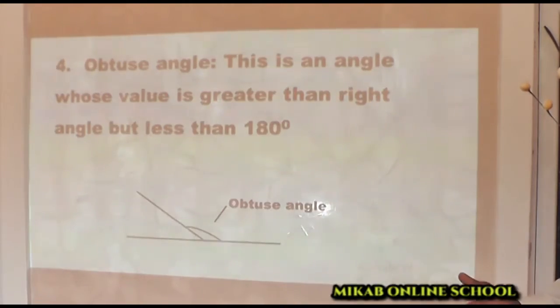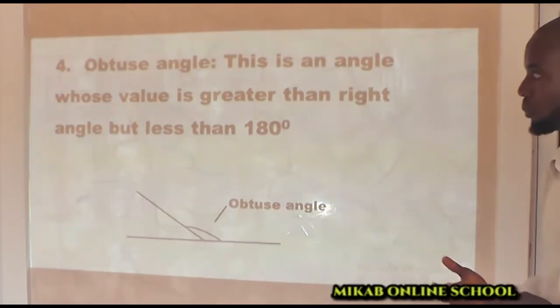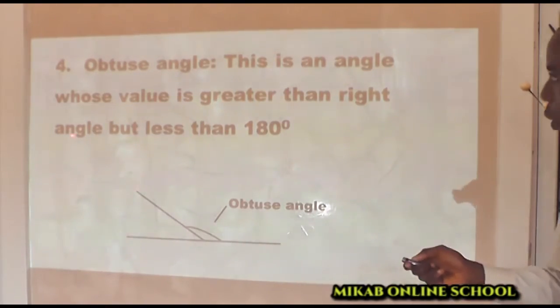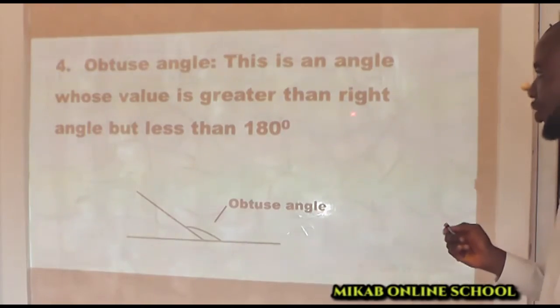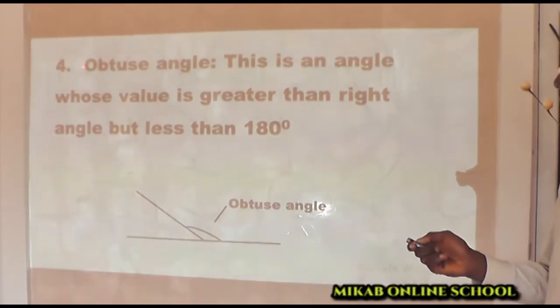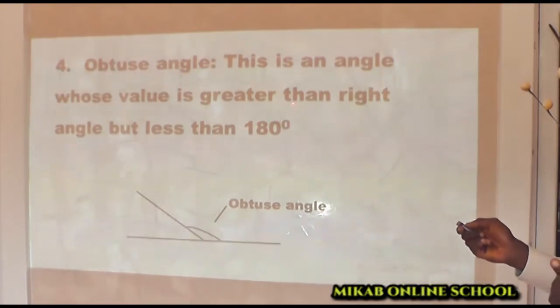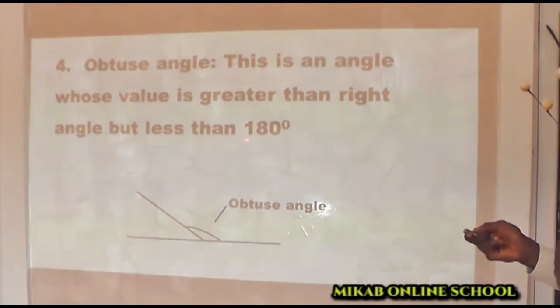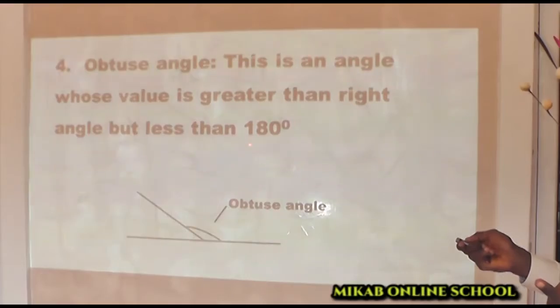The next one is an obtuse angle. This is an angle whose value is greater than a right angle but less than 180 degrees. I believe you've not forgotten that a right angle is 90 degrees. You can define an obtuse angle as an angle whose value is greater than 90 degrees but less than 180 degrees.